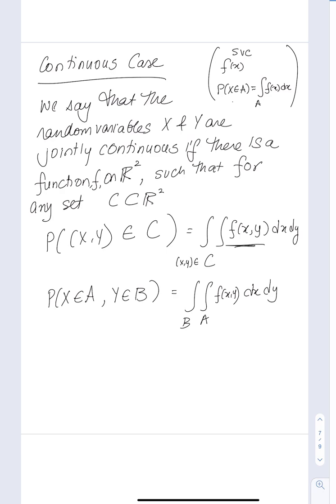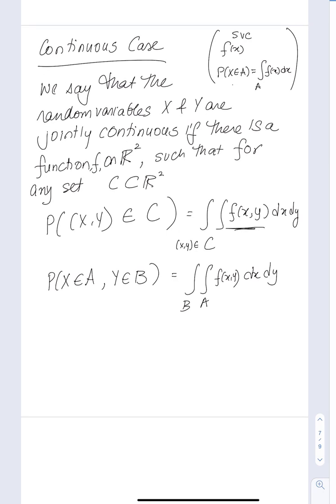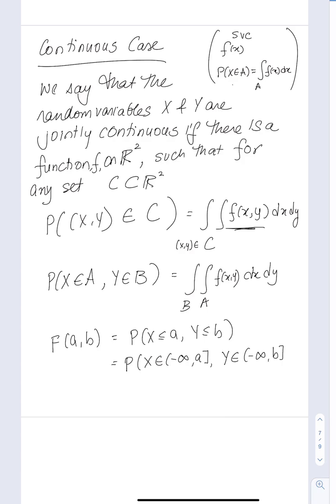And now, once again, just like we did in the single variable case, looking at the relation of the CDF and PDF. What is F of a comma b? We know from before that's the probability x is less than or equal to a, y less than or equal to b. In that case, you can think of this as x belonging to the set negative infinity to a, y belonging to the set negative infinity to b.